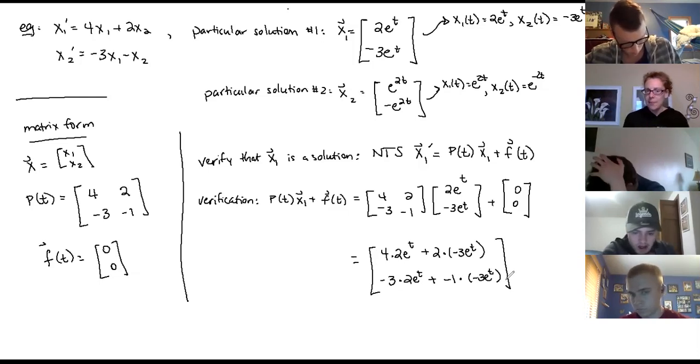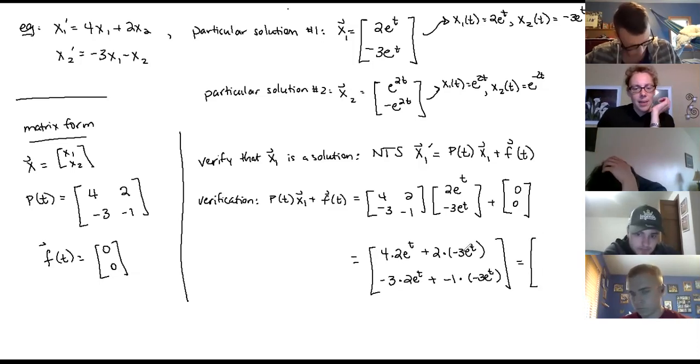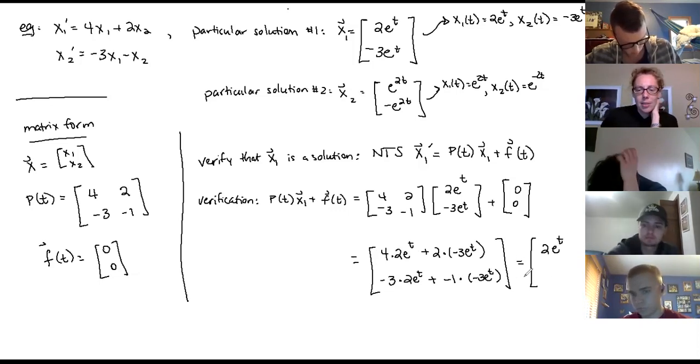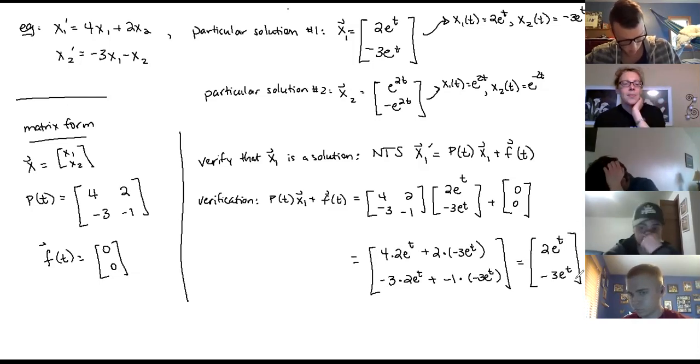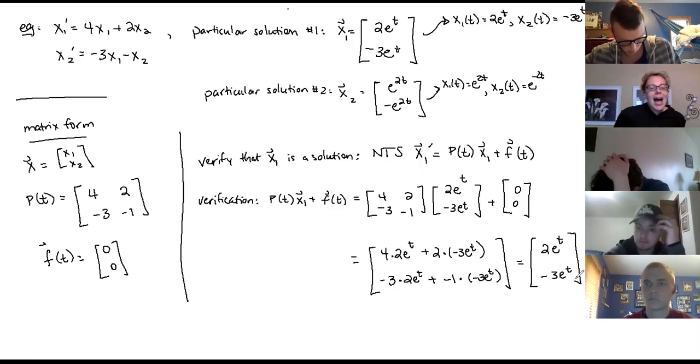If I simplify this, I'll multiply out and simplify all in the same step. That is 8 minus 6, so that is 2e to the t, and -6 plus 3, so -3e to the t. Is that good?